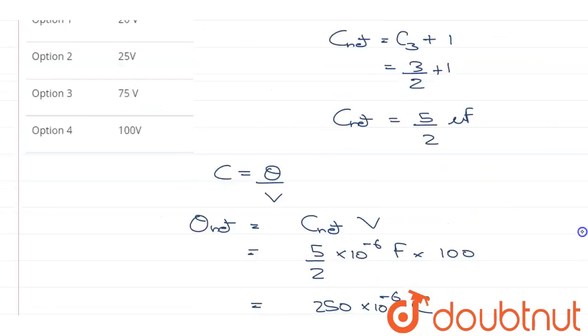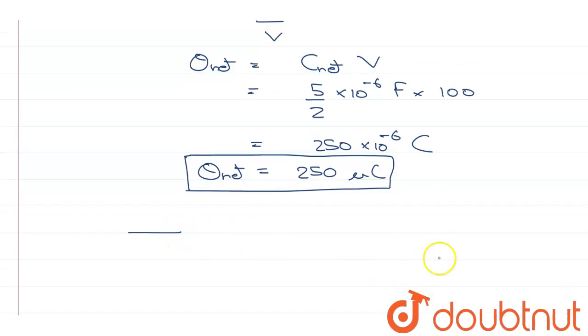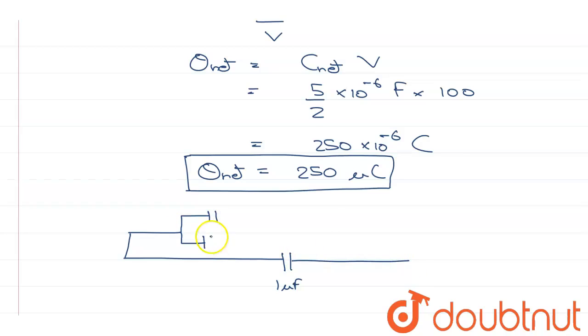I can show this clearly if I redraw this circuit in a different manner. So this is the capacitor of 1 microfarad, and these are the capacitors of 3 microfarad each.